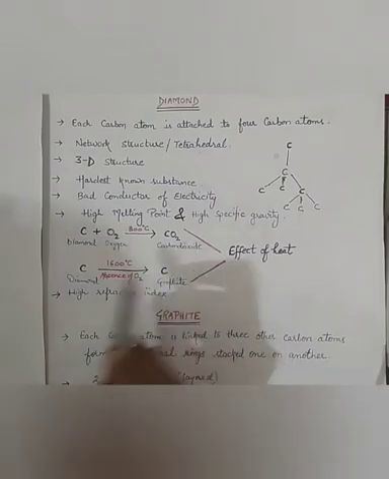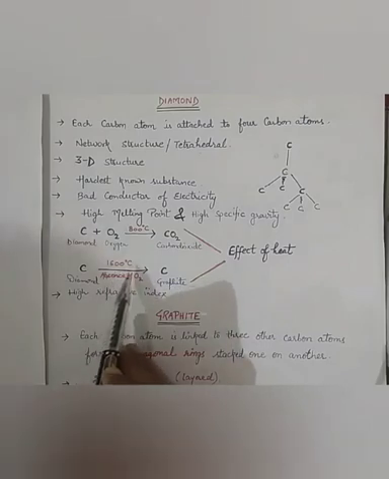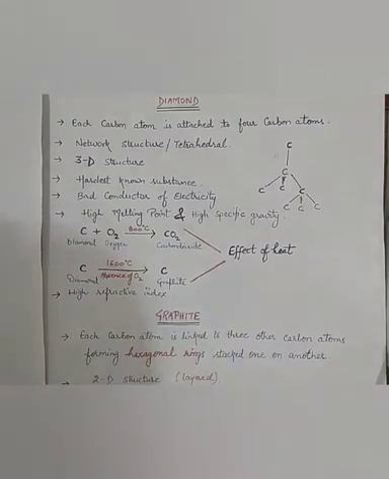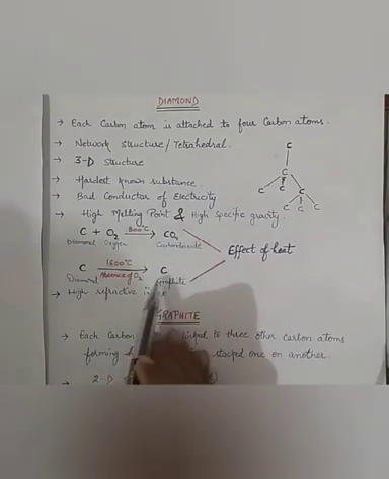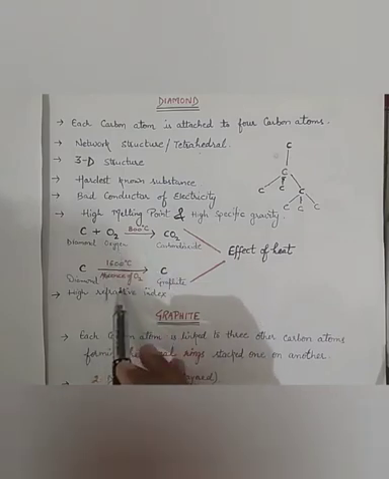And when diamond is heated at 1600 degrees Celsius in the absence of oxygen, it forms graphite. So here in the presence of oxygen, and here in the absence of oxygen.